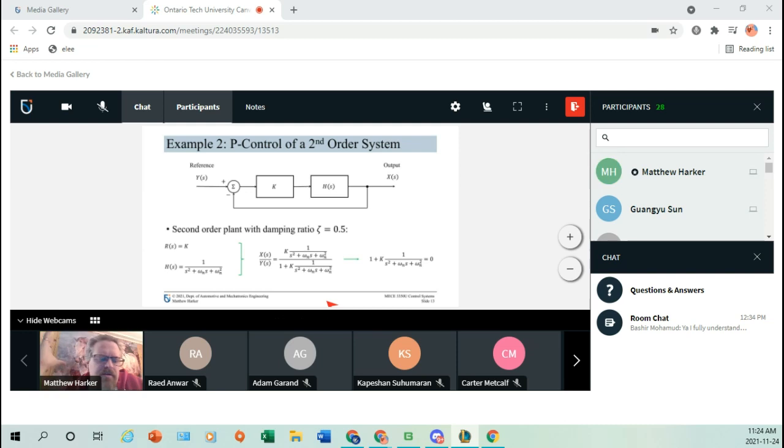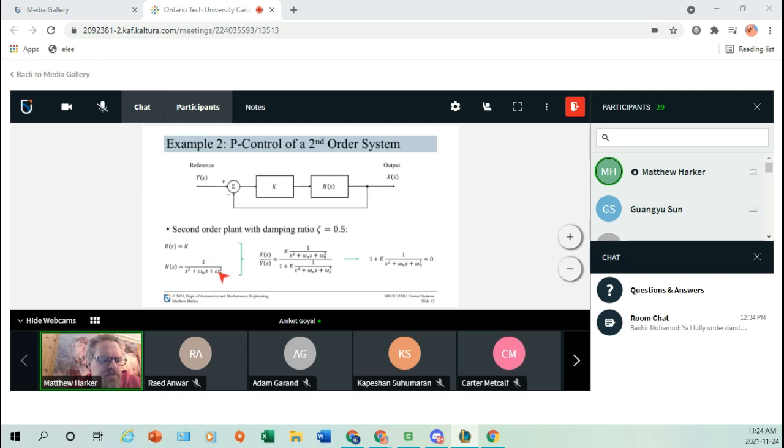So we'll say we have a system. It has this damping ratio. We'll leave the natural frequency in there as a variable, just so you can see what happens in a more general sense. But that's kind of the plan.